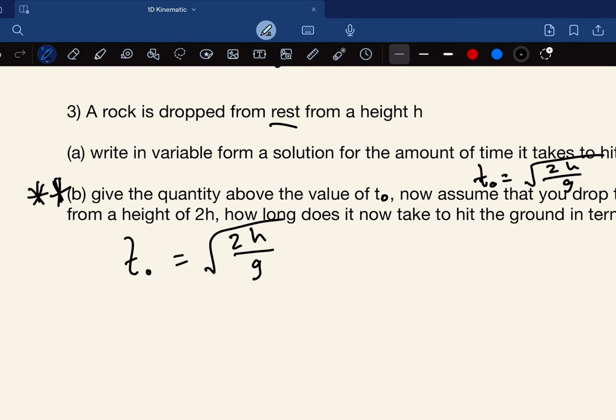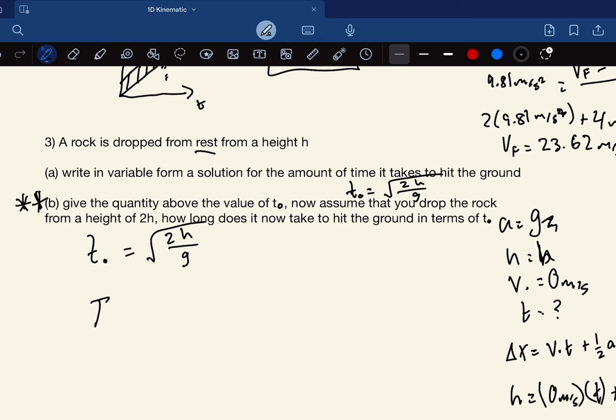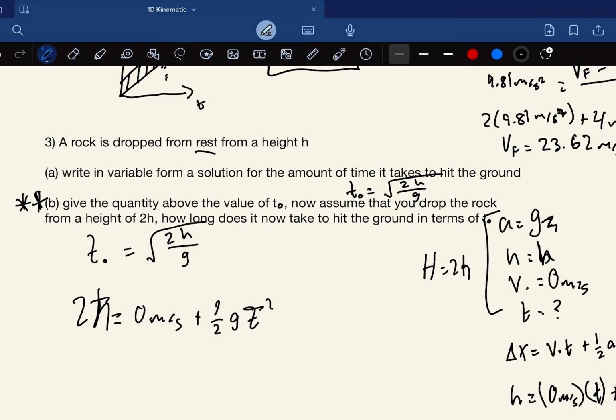Now we're going to form a new value, which I will call capital T, with the same guidelines that were set up here, except now h equals 2h. So we have VIT, which is 0 meters per second, plus 1 over 2 g t squared. Oh wait, no, this is supposed to be 2h equals 1/2 g t squared.